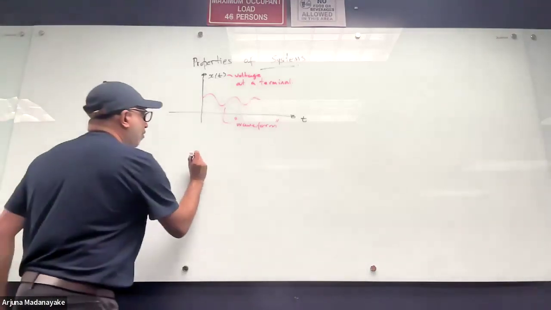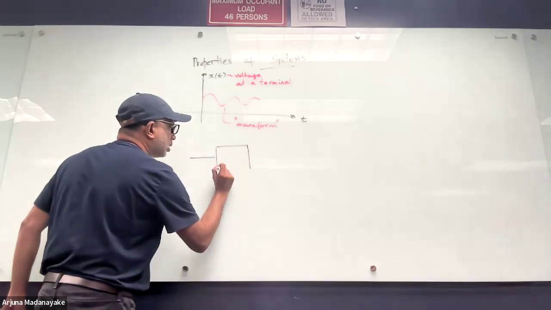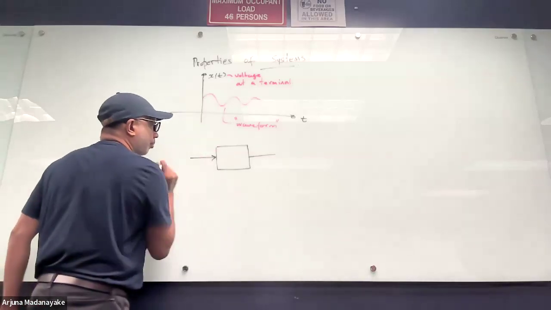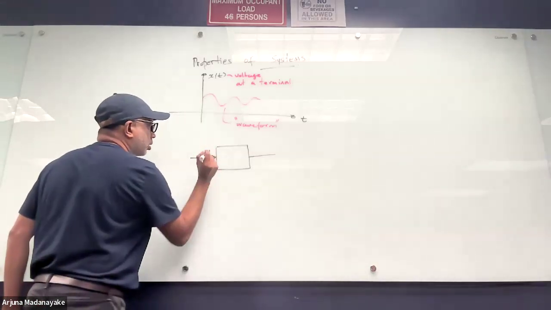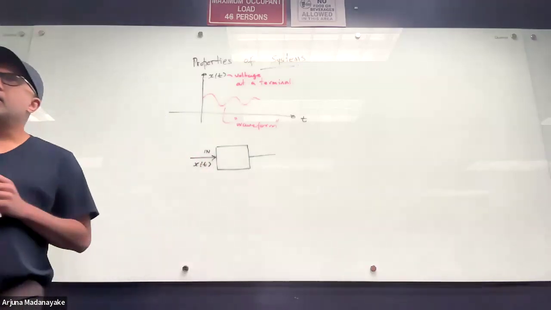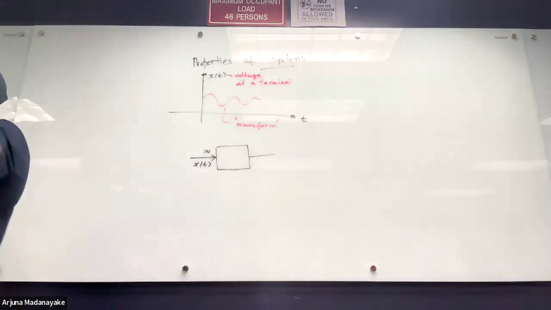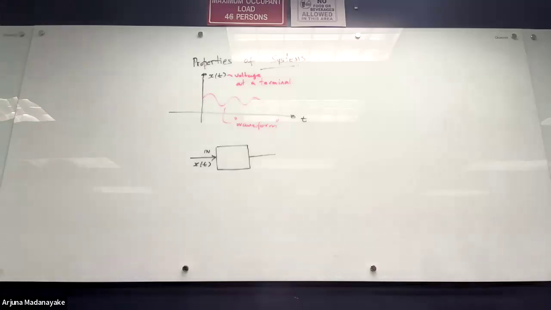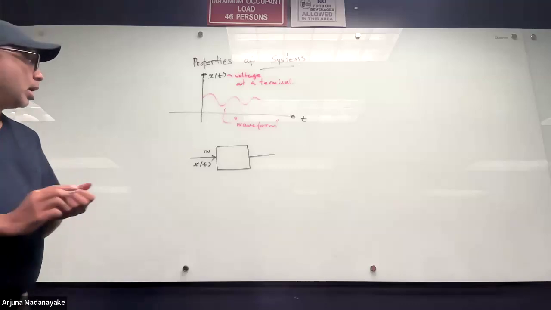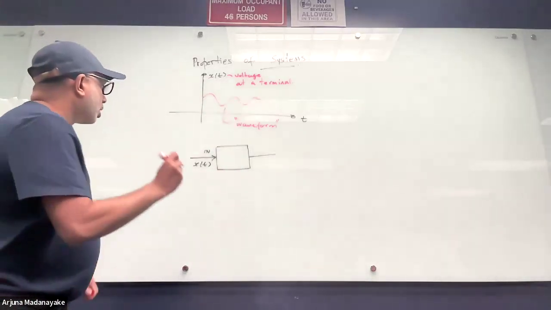So if I have a system of some sort, this could be some sort of circuit. We really don't know what it is at this point, but we apply as the input, so this is the input port, x of t. So if I measure what's going on at the input, let's say if I have some instrument that allows me to measure the voltage as a function of time and display it on a screen, I will see a waveform of this shape going in.